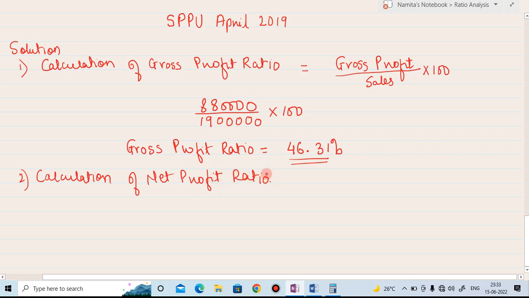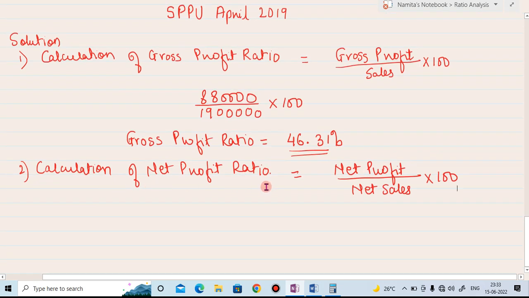Now to find net profit ratio, the formula is net profit upon net sales or sales multiplied by 100. So we are calculating net profit ratio. The formula is net profit upon net sales multiplied by 100.